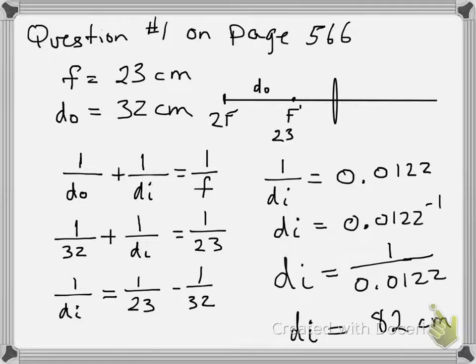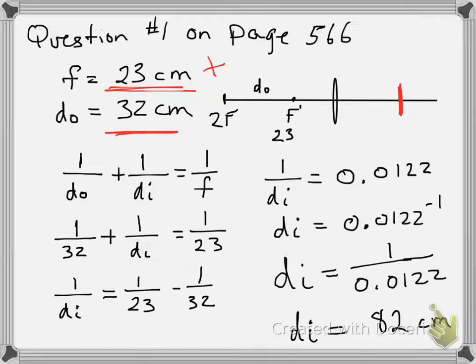So it tells you the focal length. It is a converging lens, so this is positive, right? Because converging lenses are positive, diverging lenses would be negative. The distance of the object is 32 centimeters, right? 32 centimeters produces an image that is going to be on this side of the setup, which means it's going to be real.